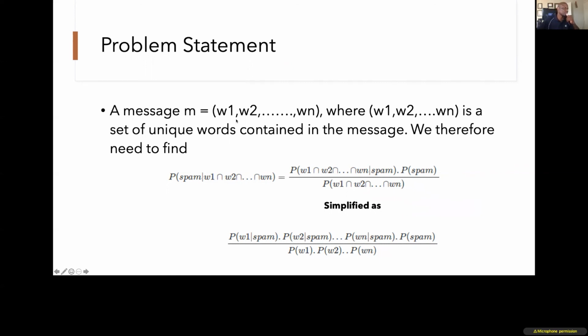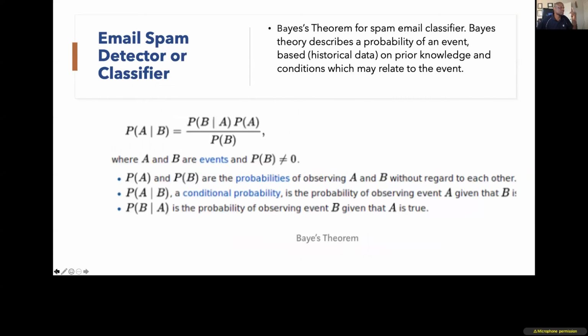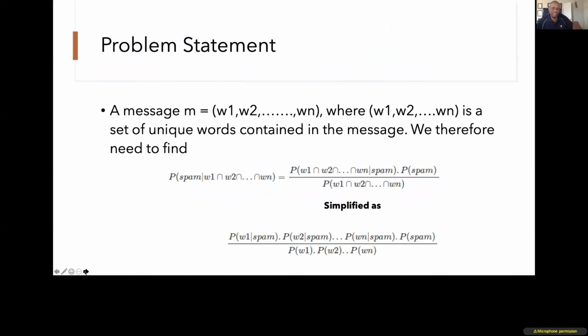Say we have word 1, word 2, word 3, where word 1, word 2, word 3 is a set of unique words containing the message. Now, when you do spam detection, you'll see the library which we use a lot in natural language classification and processing.